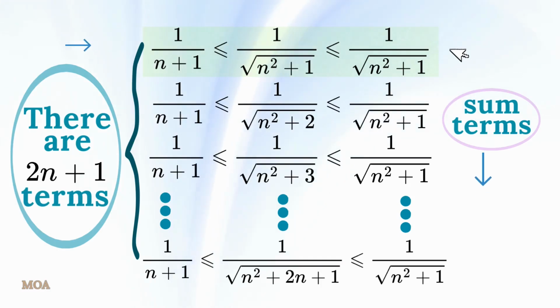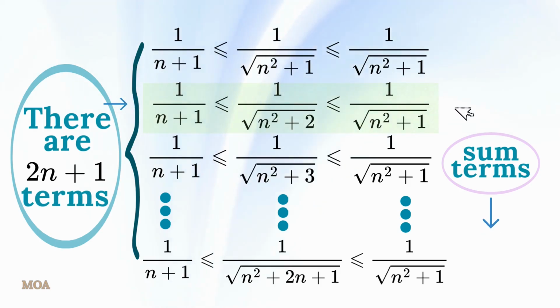The first term verifies 1 over n plus 1 is less than or equal to 1 over the square root of n squared plus 1, which is less than or equal to 1 over the square root of n squared plus 1. The second term is 1 over n plus 1 is less than or equal to 1 over the square root of n squared plus 2, which is less than or equal to 1 over the square root of n squared plus 1.